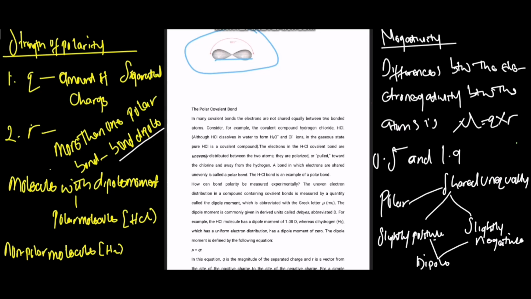Finally, molecules that have a dipole are called polar molecules, while those that do not have a dipole are called non-polar molecules. With this, we've come to the end of polar covalent bond.